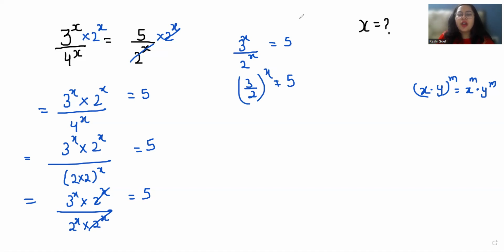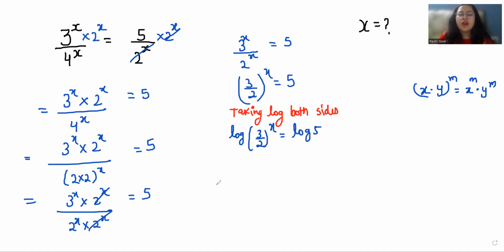So to find the value of x, I am taking log both sides. So x log (3/2)^x... x log (3/2) is equal to log 5.